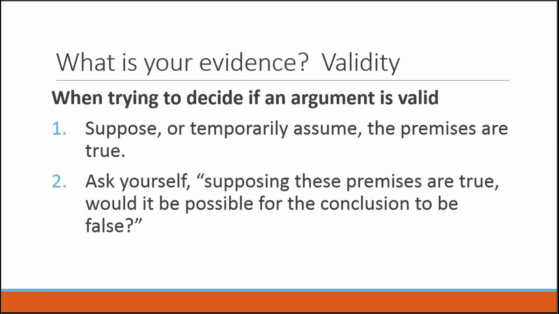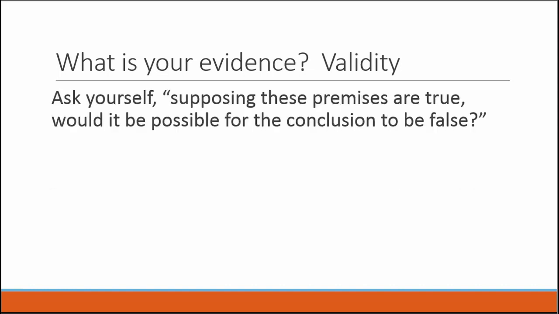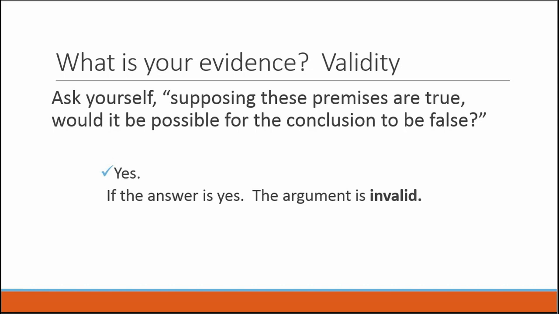Then ask yourself, supposing these premises are true, would it be possible for the conclusion to be false? If the answer to that question is yes, the argument is invalid.